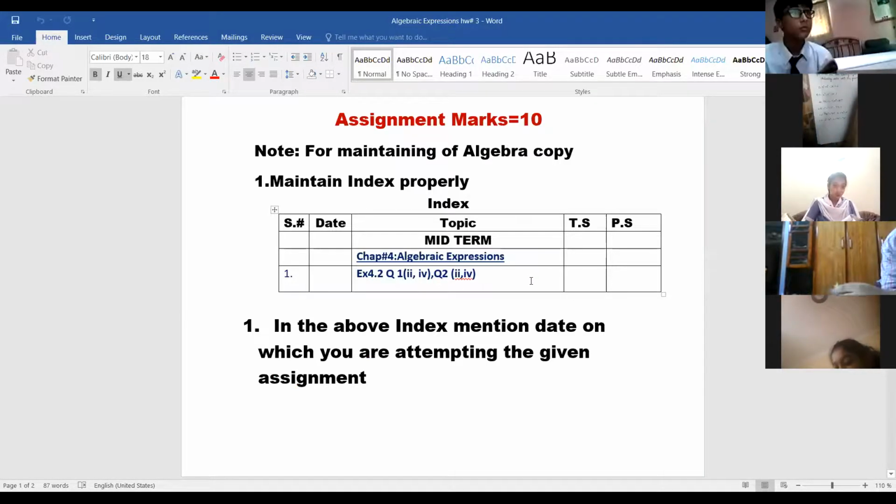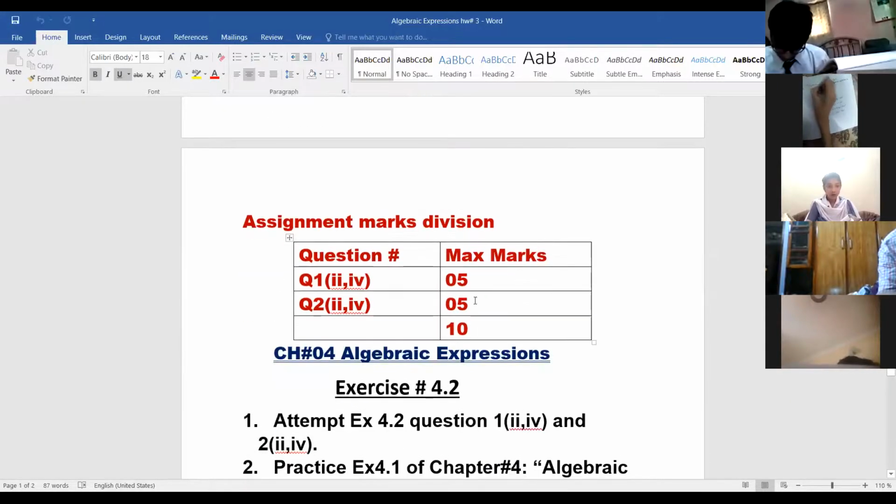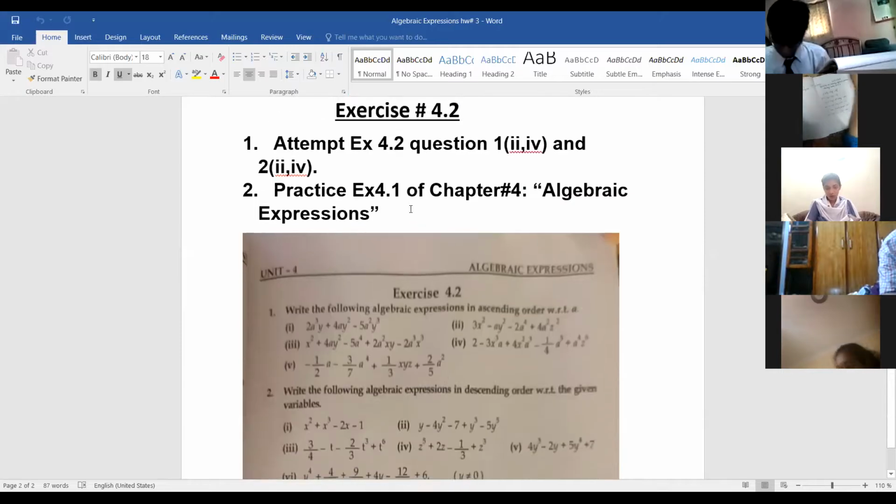Okay, please in this right corner, please write down HW capital. Okay, HW capital and mention the date. Okay, now it carries 5 marks. Question 2 carries 5 marks, 2.5 marks for each one.